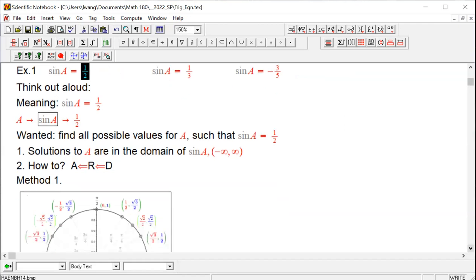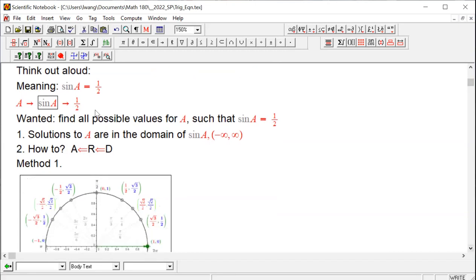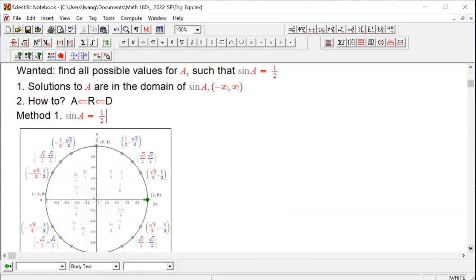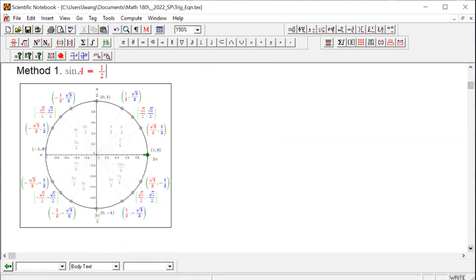If you know that sine A equals half, we're looking for the blue number half. The blue numbers are sine values. So we found two: there's one here, and there's another one over here. So we get two terminals.